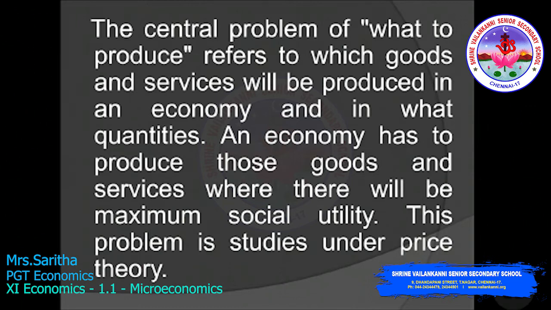So, an economy has to produce those goods and services where there will be maximum social utility. This problem is studied under price theory. So the first central problem, what to produce, refers to the selection of goods and services to be produced and the quantity to be produced of each selected commodity.